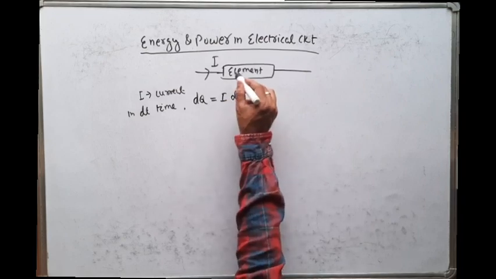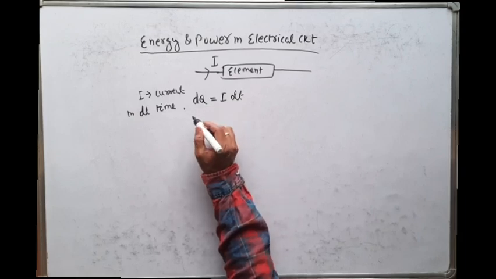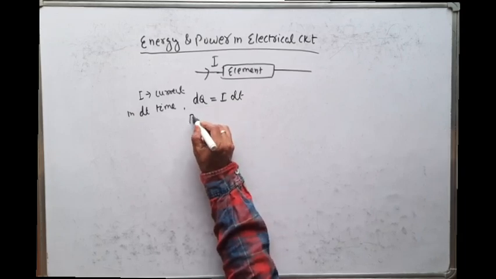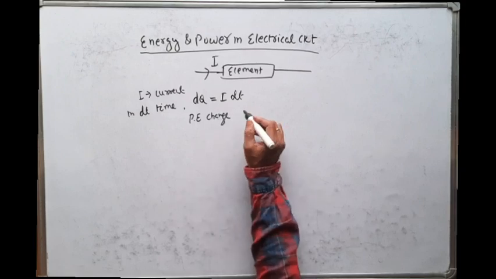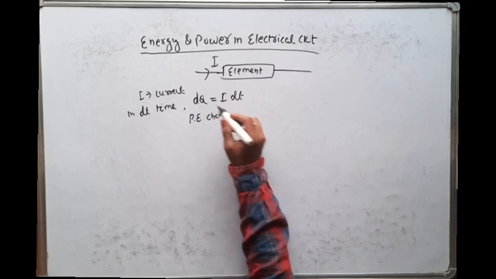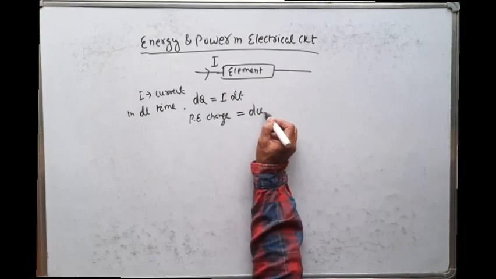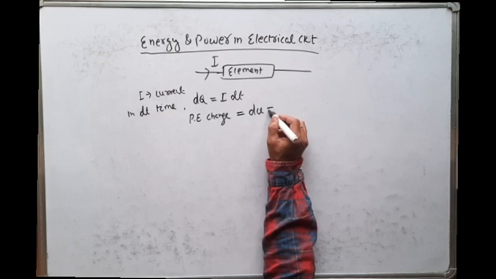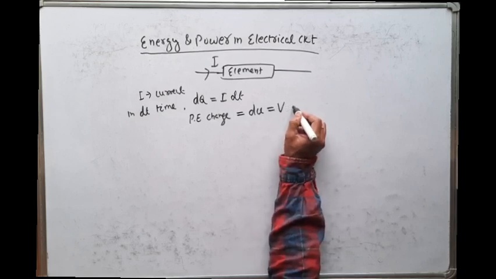Due to the motion of the charge, due to the passage of charge dq, there is a potential energy change. The potential energy change for this amount of charge is du, and you know the potential energy du is equal to v dq.